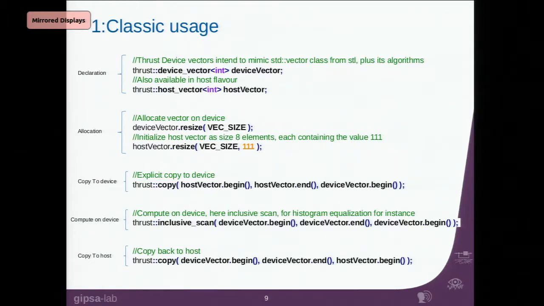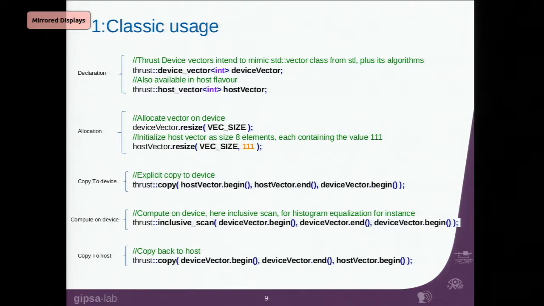A very simple code that is really simple to analyze. What would you write to do something interesting using Thrust? First, you will be interested in declaring a device vector and a host vector, one residing in GPU memory and one residing in host memory. Then you allocate or resize. It's the exact same meaning as the STL vector.